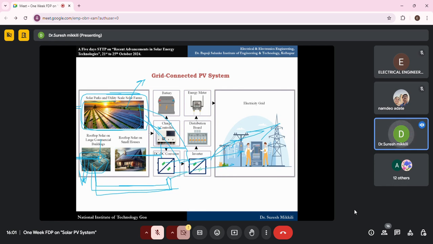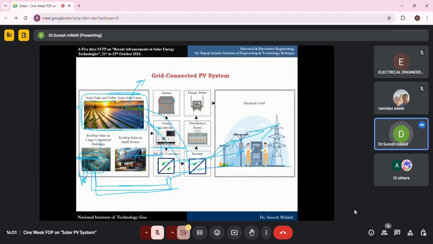Similarly, even at a household, if you have more PV panels than you need for the home, I have an excess amount of power available. See, I want 50 kilowatt, but I am generating 100 kilowatt.